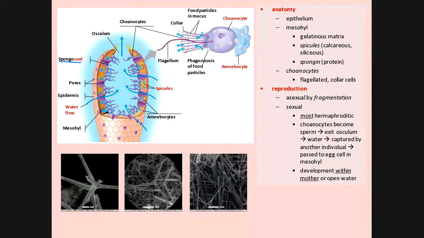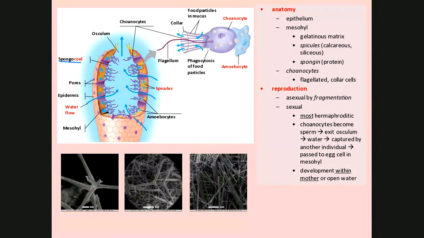The cells work together, right? They're not tissues though, but they work together. For example, after the choanocytes have phagocytized the food, they use some of it for themselves to keep their cellular machinery operating, but the rest they pass to amoebocytes. Amoebocytes take a little bit of that cellular energy as well, but what they don't use, they move throughout the sponge and pass on.